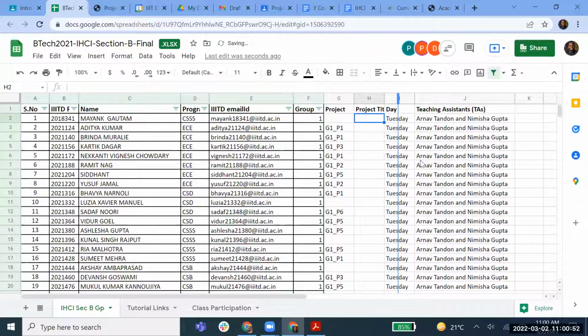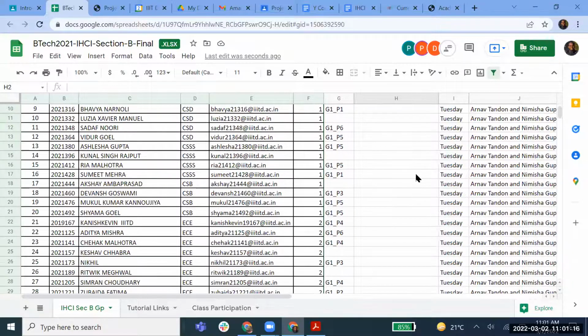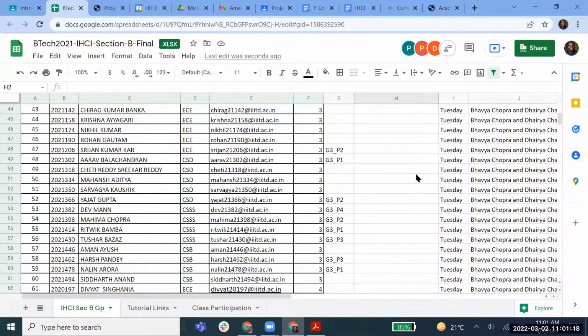Ideally we expect students to choose one topic, but given that there are so many project groups, it is nearly impossible that everyone will have the same. But give your best. It will be good for you to choose a unique topic, and the best solution is first come, first served.